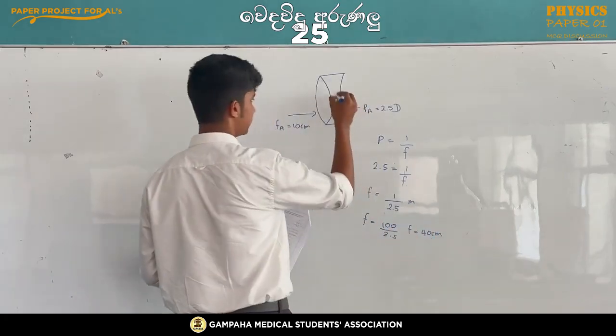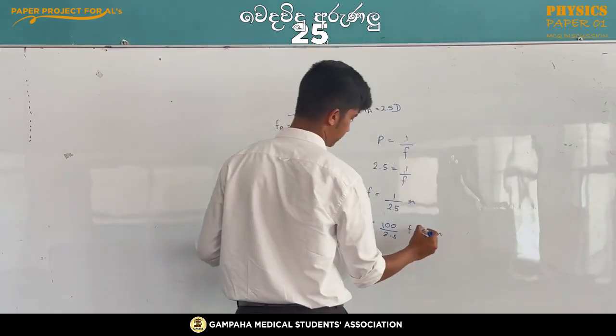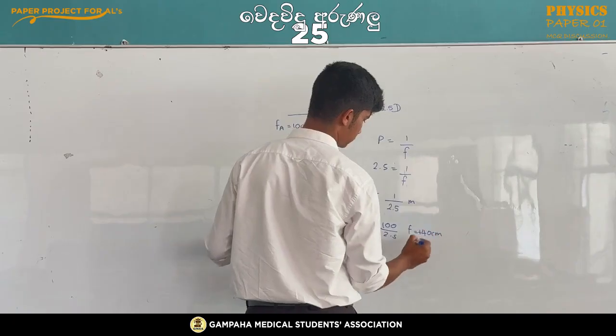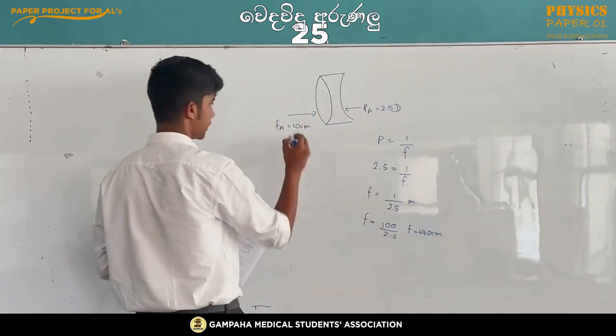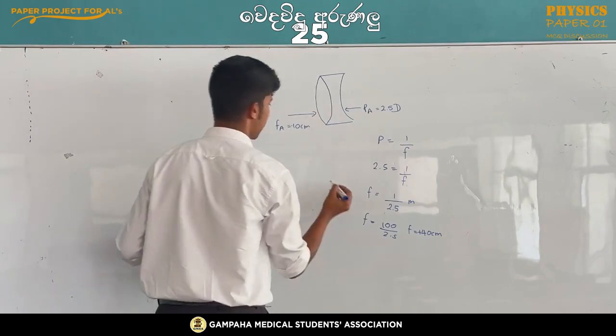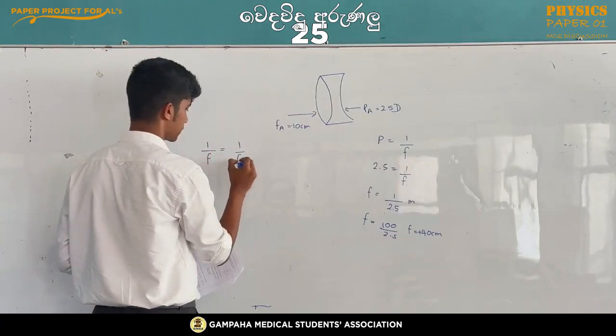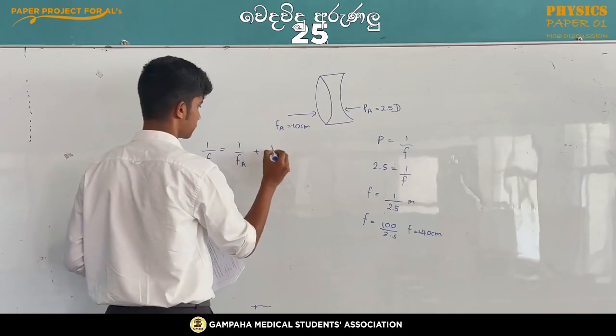Since this is a concave lens, the sign on the focal length is positive. The sign on the focal length of the convex lens is negative. And then using this equation, you can find the focal length of the combination.